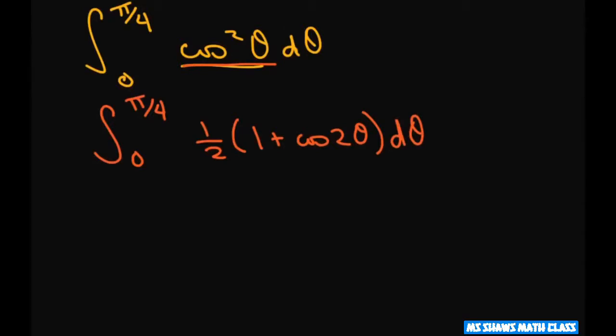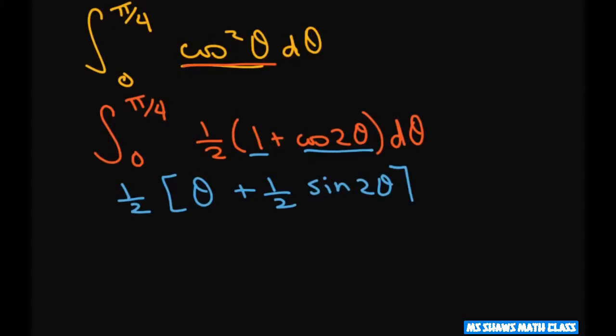All right, now let's integrate this. So we're going to get our 1/2, and this is going to be theta plus, the antiderivative of that is 1/2 sine of 2 theta, and we're evaluating it from 0 to pi divided by 4.